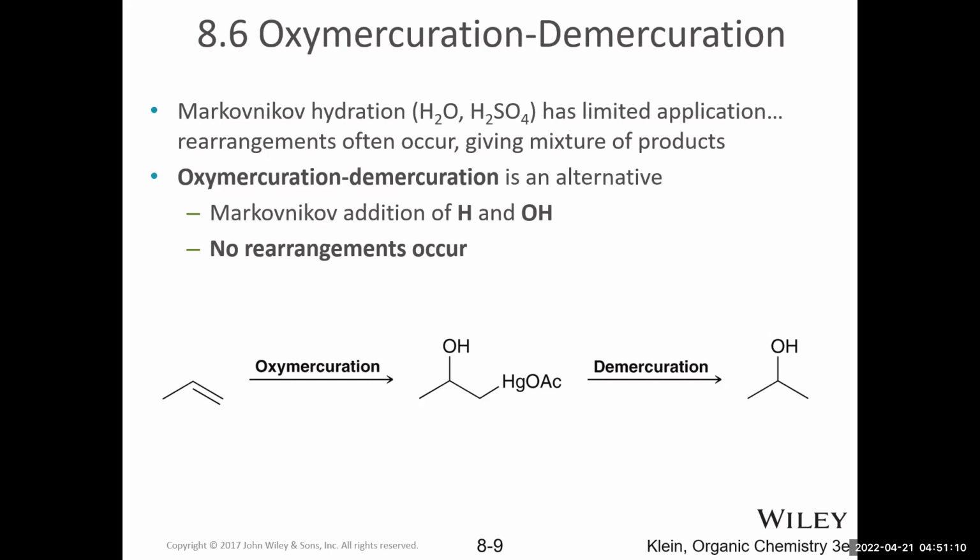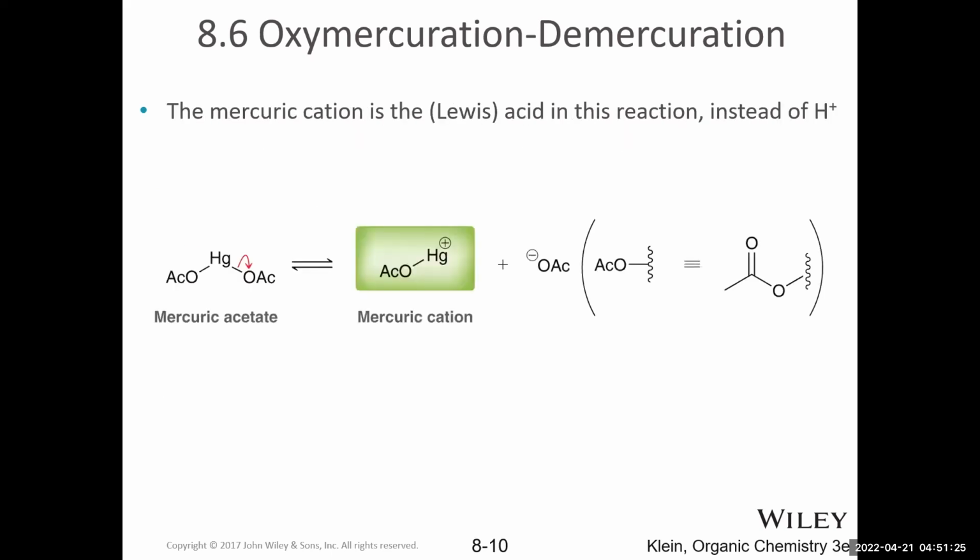The disadvantage, of course, is that the reagents are not as readily available and are much more expensive. We're going to use mercuric acetate in this reaction, which is obviously a lot more expensive than just using a solution of sulfuric acid in water.